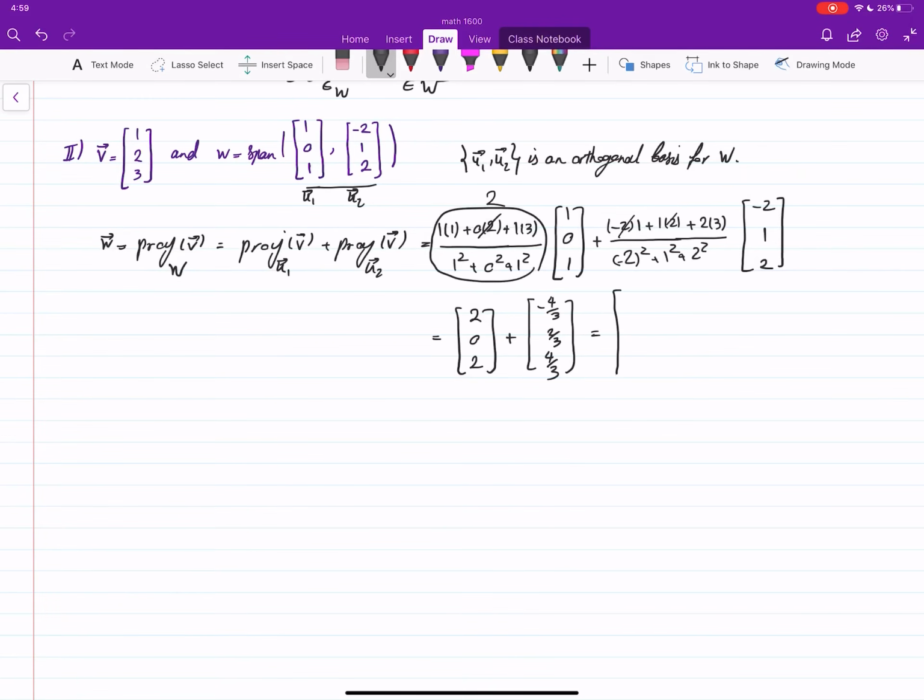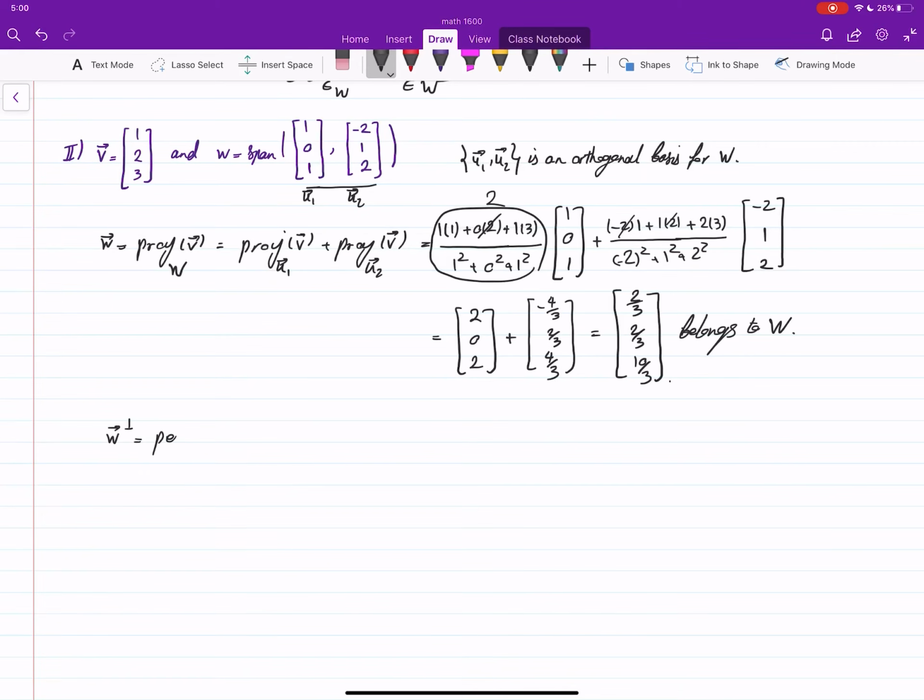Let's add these. 2 minus 4 over 3 is 6 minus 4, so 2 over 3. The middle is 2 over 3, and the last is 6 plus 4, so 10 over 3. So we found this element, which belongs to the subspace W.